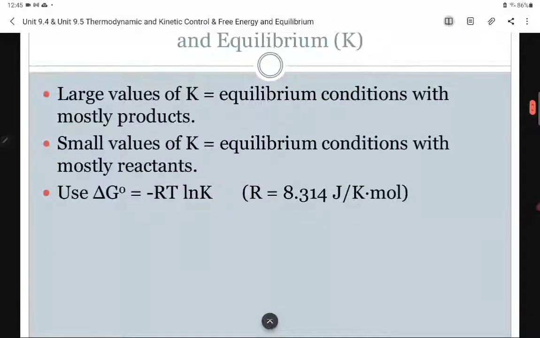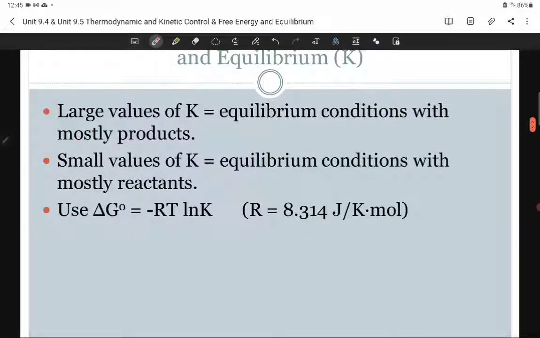Okay, so I said that there would be a relationship between delta G and the equilibrium constant. Here's our gas law constant. And by the way, not gas law constant, this is an energy constant, still the same letter R, but this one has joules in it.